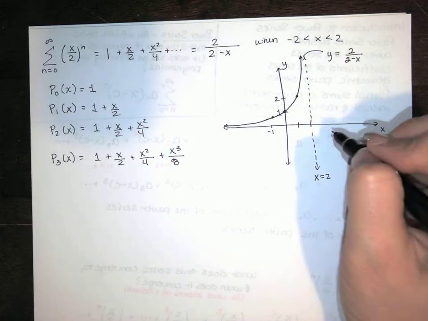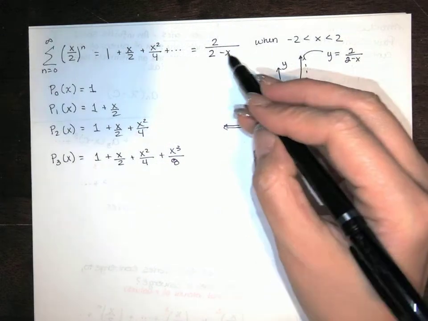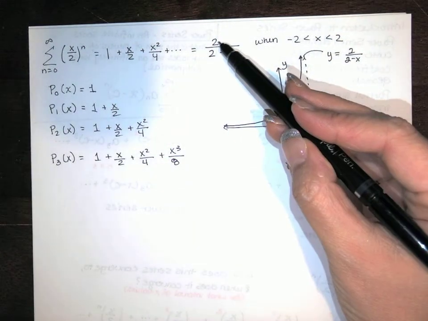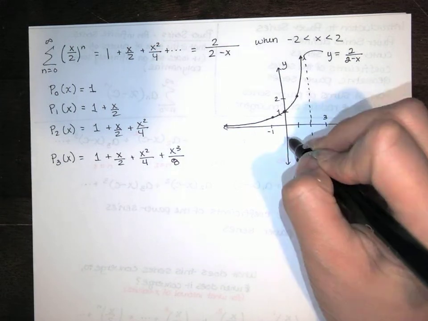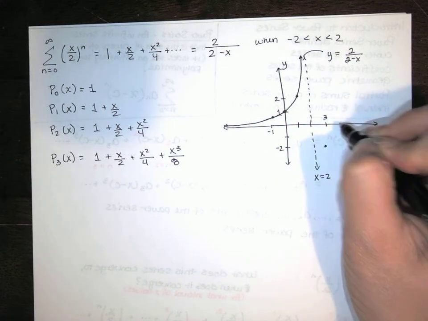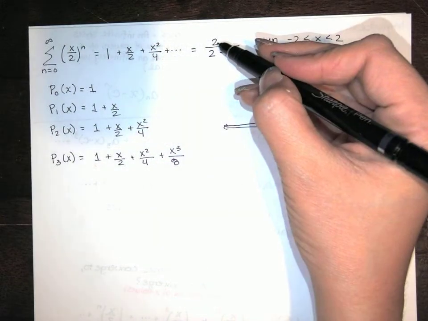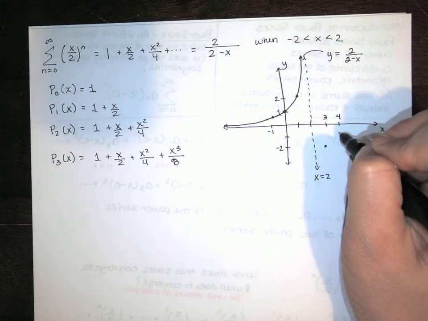Now on the other side, when x equals 3, well, we get 2 divided by negative 1, so we get negative 2 over here. When x equals 4, what do we get? We get 2 divided by negative 2, so that's negative 1.